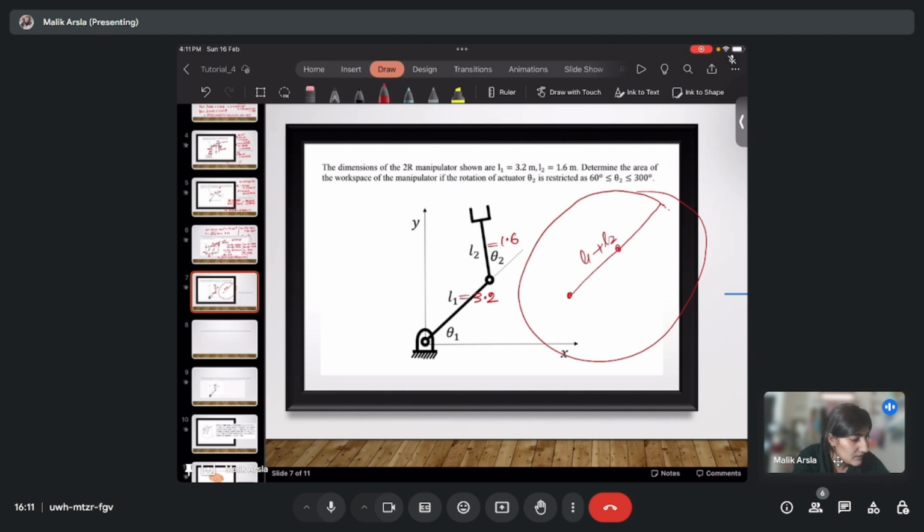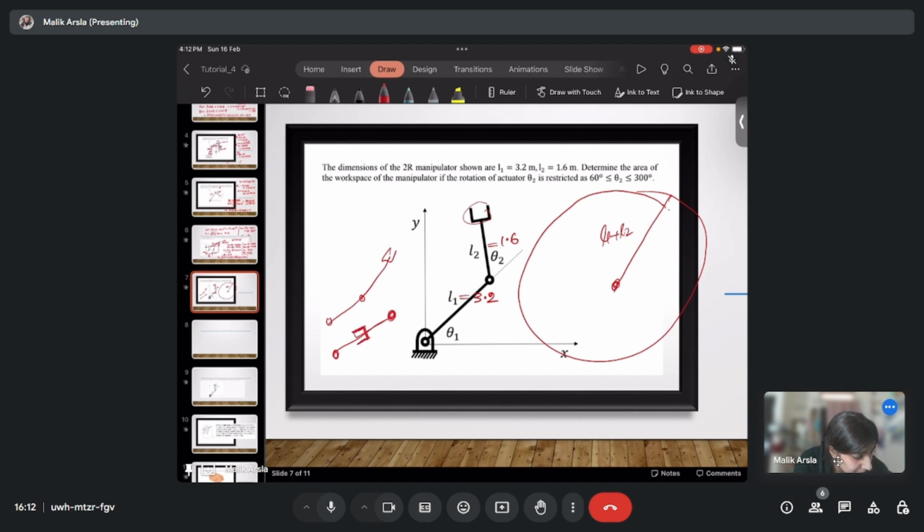Yes, so the circle will be L1 plus L2 when the end effector is fully extended. But when the end effector is folded, basically this link comes over this. It is something like this. Then it can come to this configuration also. This is a revolute joint, so it can come here.